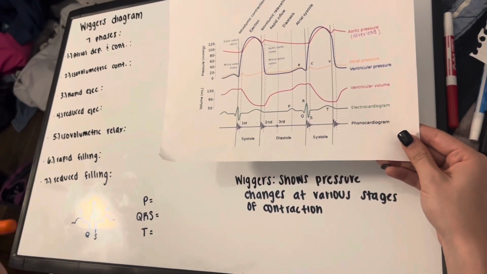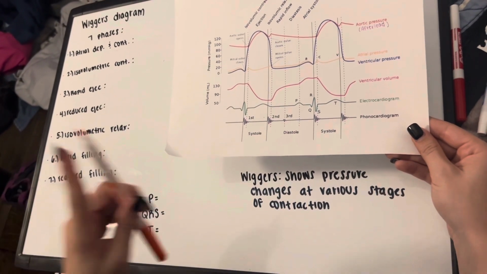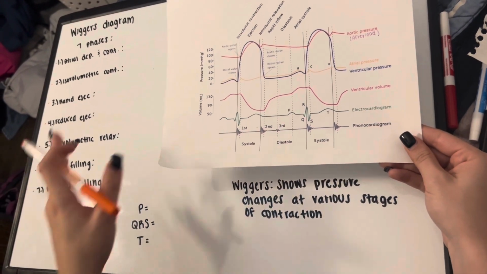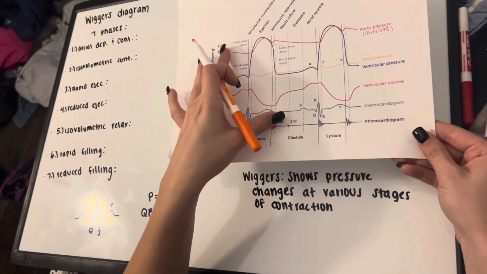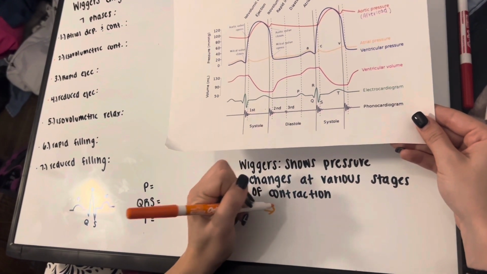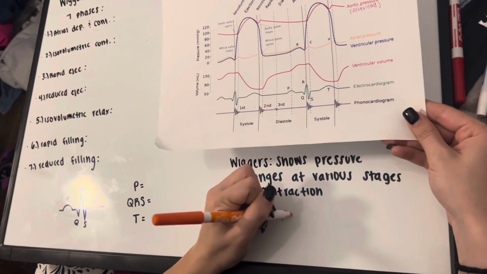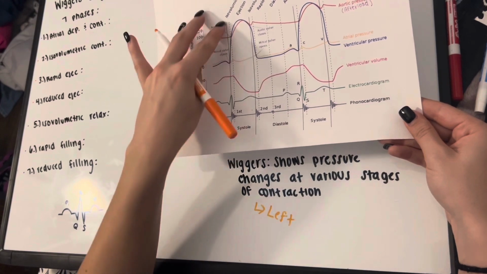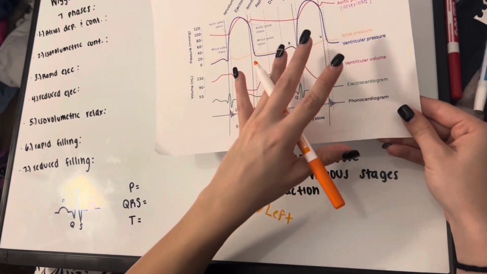Okay, so I also did essay prompt 2, going over the Wiggers diagram and how atherosclerosis can affect all of this. This is the Wiggers diagram, and it shows the pressure changes at various stages of contraction on the left side of the heart as a function of time. So pressure, time, as it goes on.